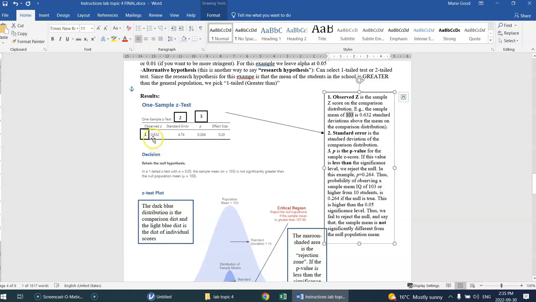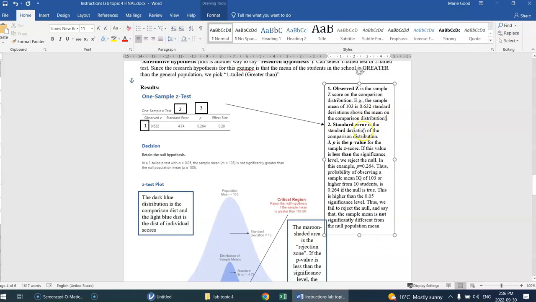As we saw in lecture, that means the sample mean of 103 is 0.632 standard deviations above the mean, because it's a positive Z-score, on the comparison distribution.